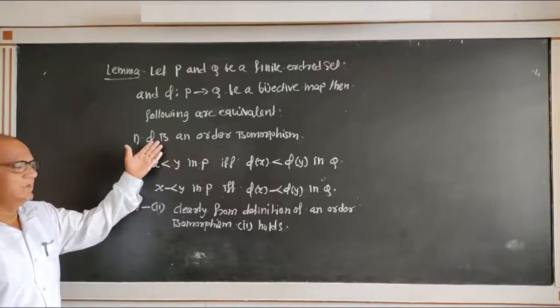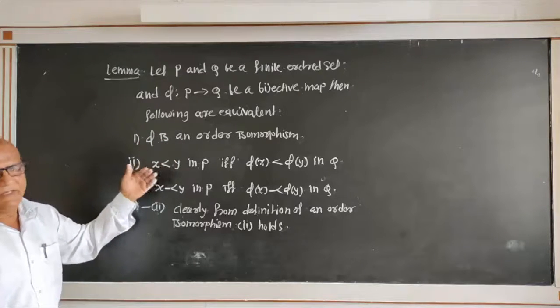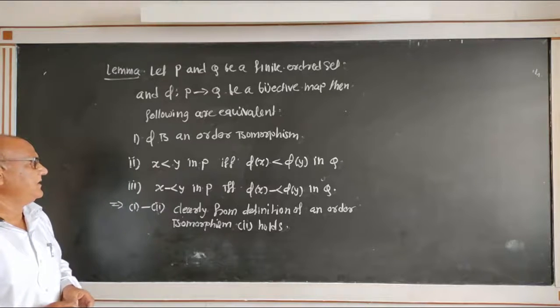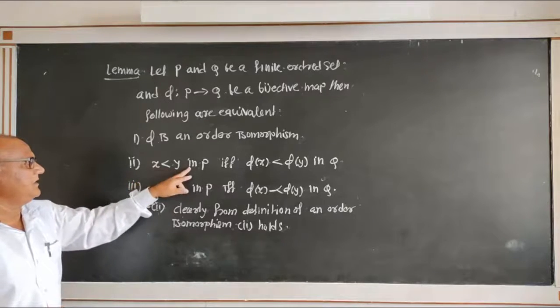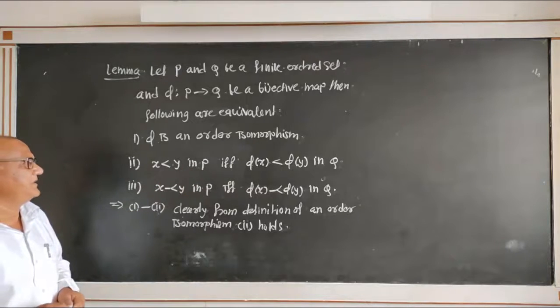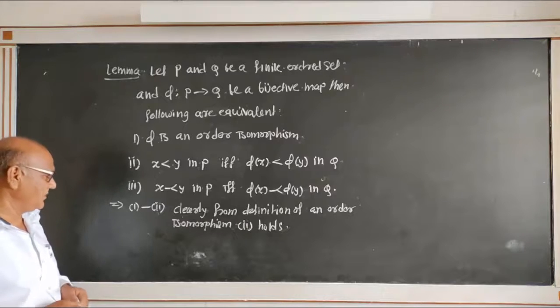Directly, this is the definition: phi is an order isomorphism if and only if x is related to y in P, then phi(x) is related to phi(y) in Q.